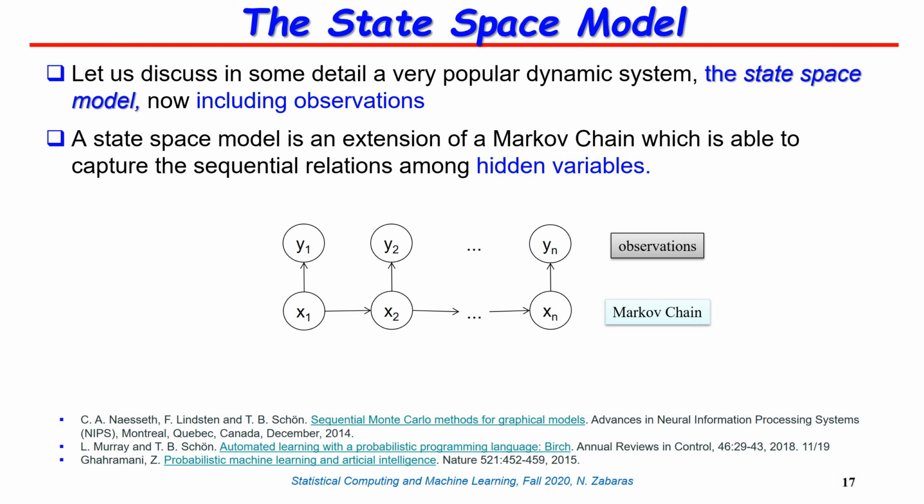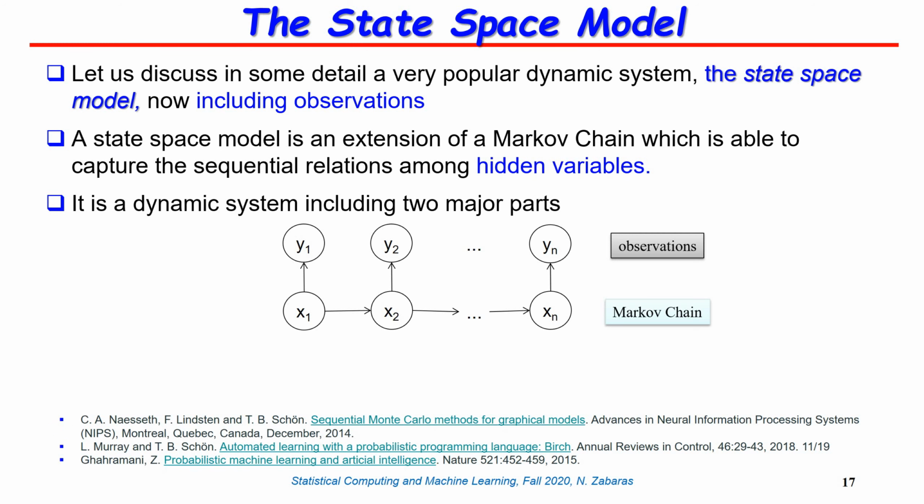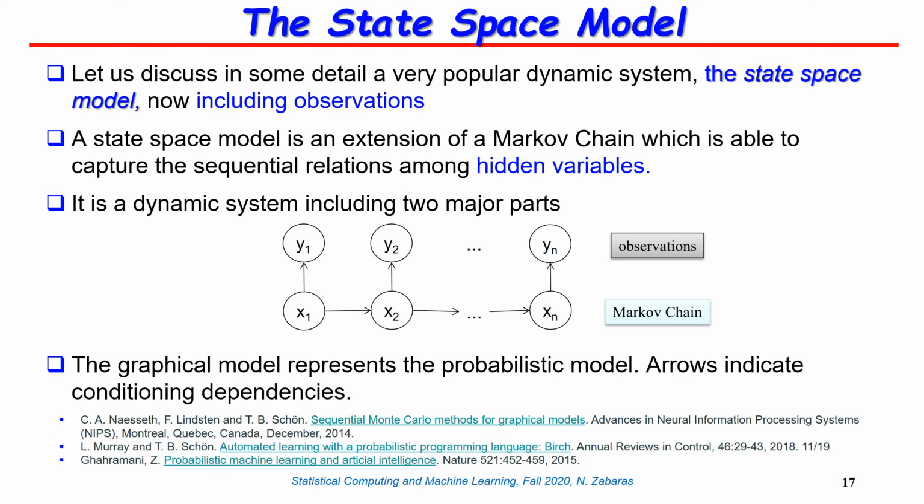Okay? So obviously this is a dynamic model, right? And this can include hundreds, potentially thousands, of different applications. So this is a very powerful model that you need to be familiar with.